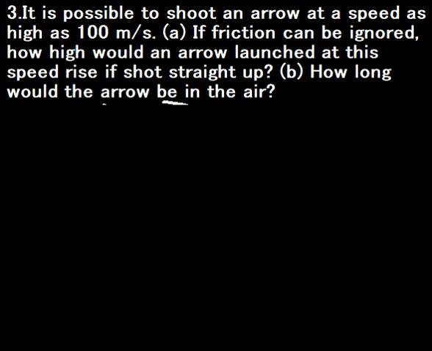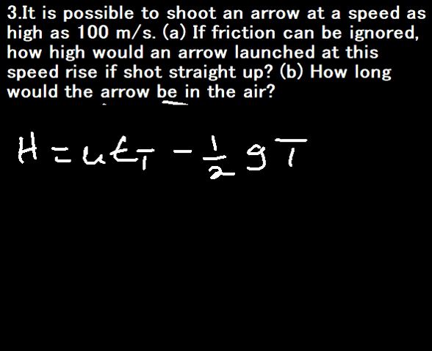And B, how long would the arrow be in the air? We're looking for the d total. So either we can use this formula, the displacement, which is u d total minus half g d total squared.